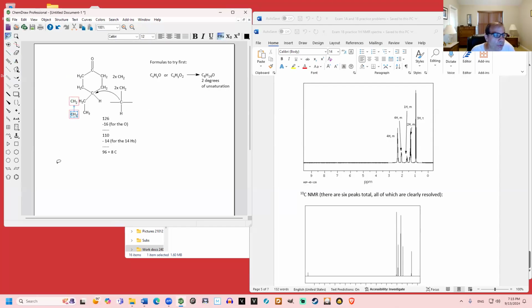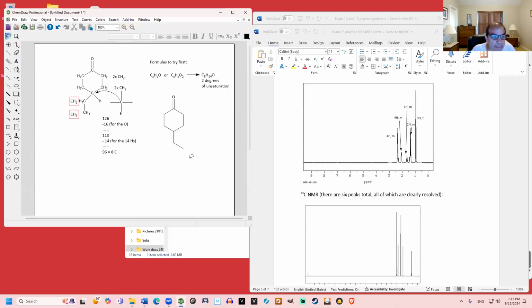Here's our CH3 over here. We've accounted for all of the hydrogens, and we've accounted for all of the carbons. Another way to draw this molecule would look something like this. If you did it doing exclusively line angle drawings, it would look like that.